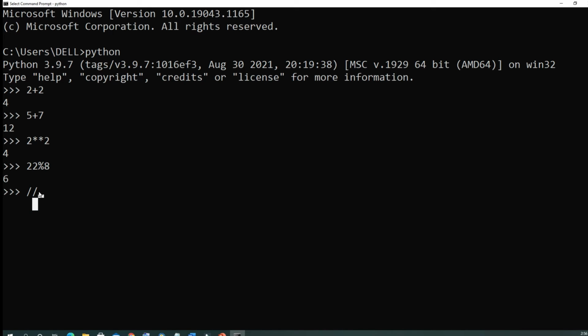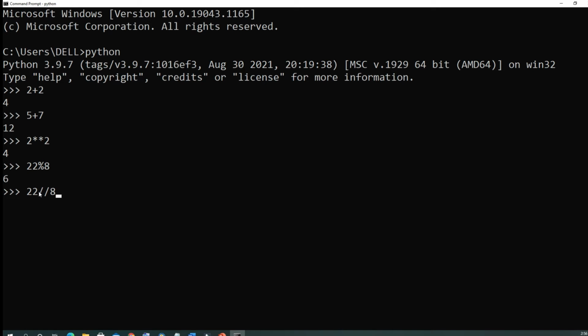Okay, so now let us use it for an example. For instance, we go with 22 again. 22 divided by 8, but this is the integer division.